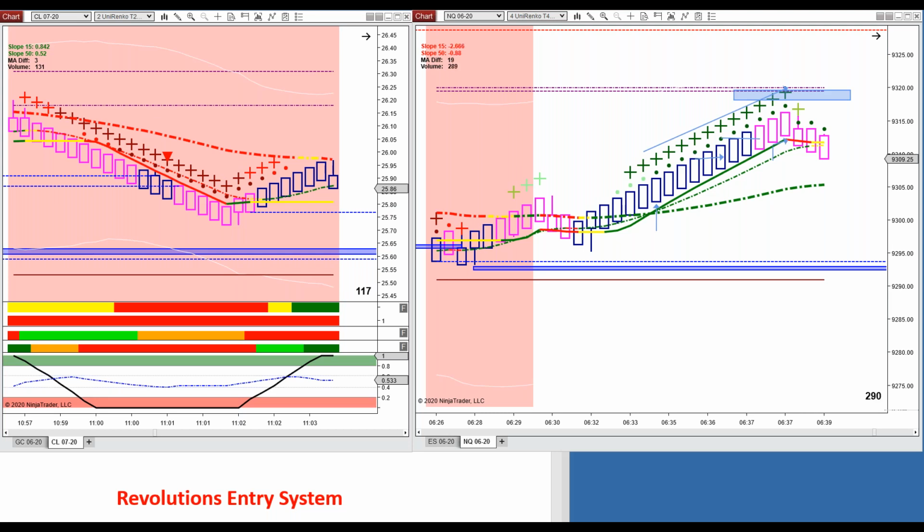ATM strategies, I think I just told you. NASDAQ, 10 and 22, first and second target. E-mini, 6 and 12, first and second target. Those are ticks. Crude, 7 and 15. Gold, 7 and 15.